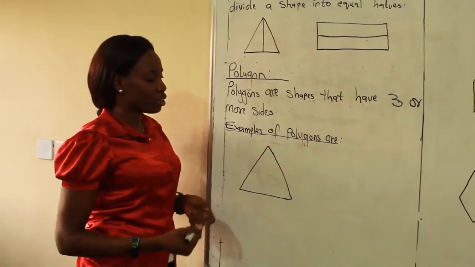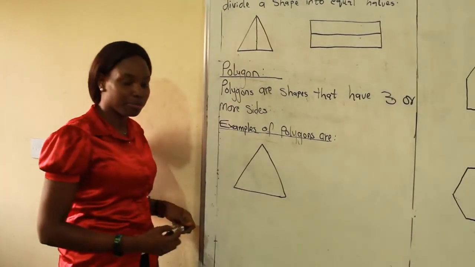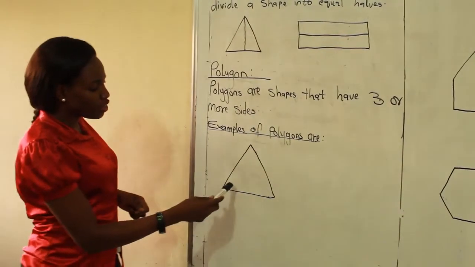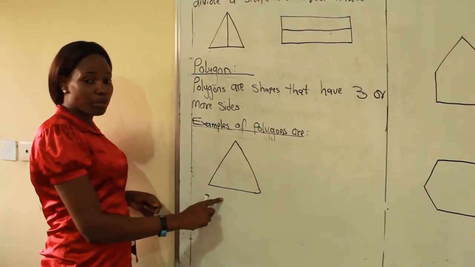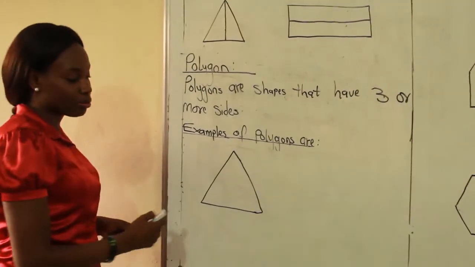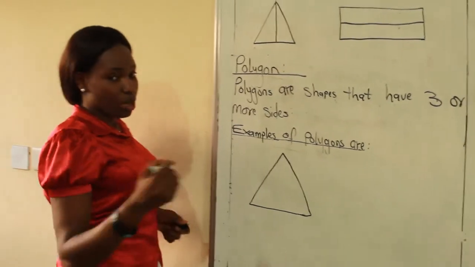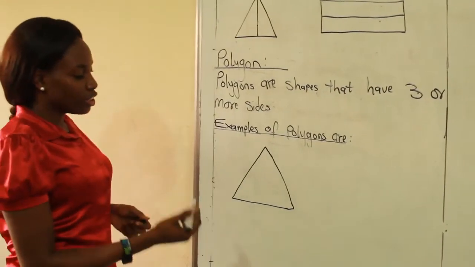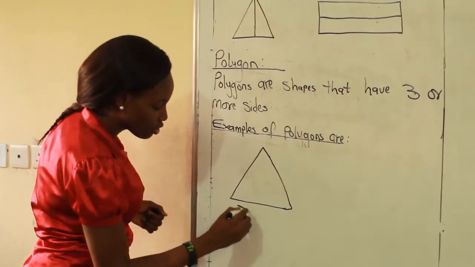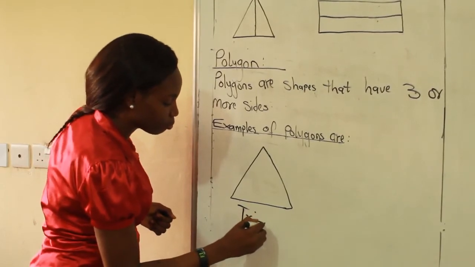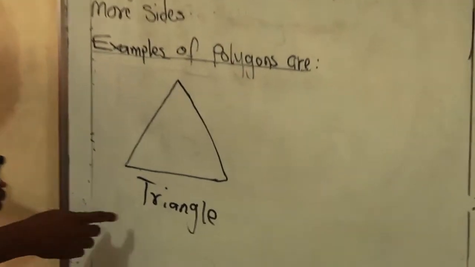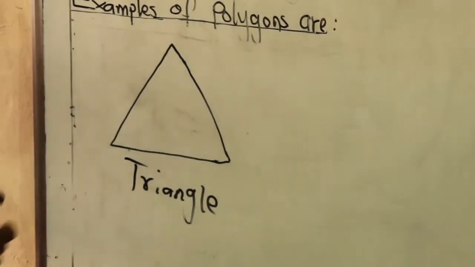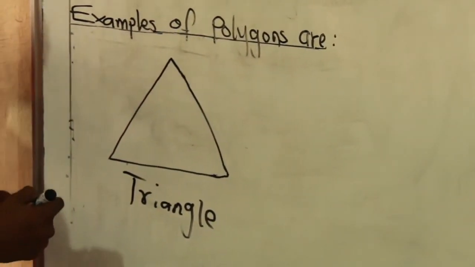Examples of polygons are, on the board here I have a shape. Do you know the name of this shape? I'm sure you know. This is a triangle. A triangle is an example of a polygon.